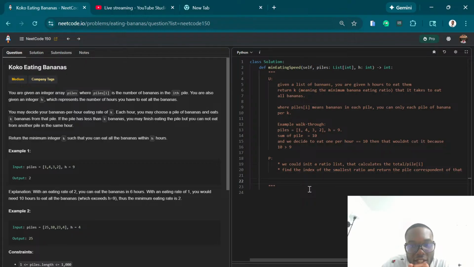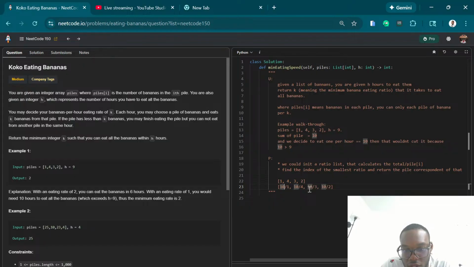So what I mean by that is, for example, we have 1, 4, 3, 2, right? So in our return list, it's going to be 10 divided by 1, 10 divided by 4, and 10 divided by 3, and 10 divided by 2, right?